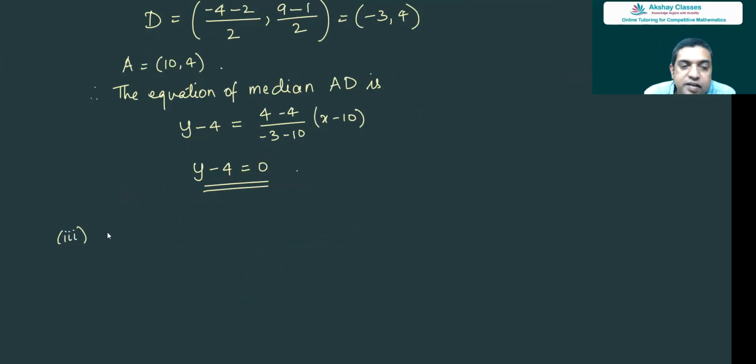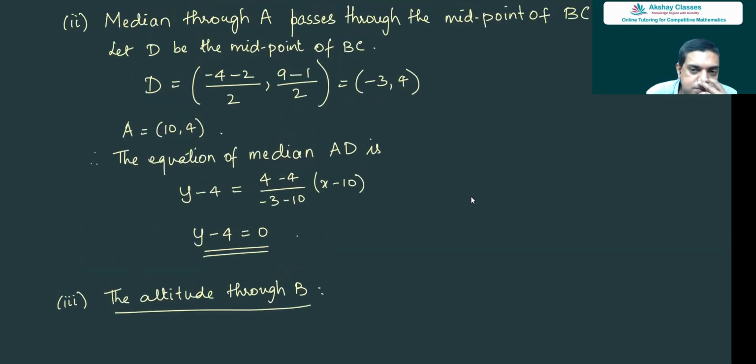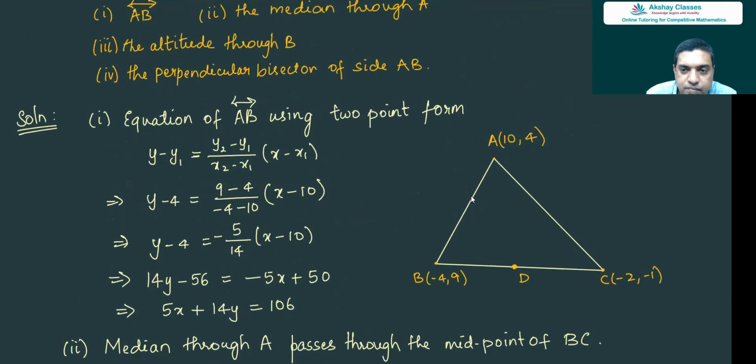Third one, the altitude through B. What is an altitude? Line passing through B and the midpoint of AC? No, no. Midpoint means it will be the median, it will not be the altitude.